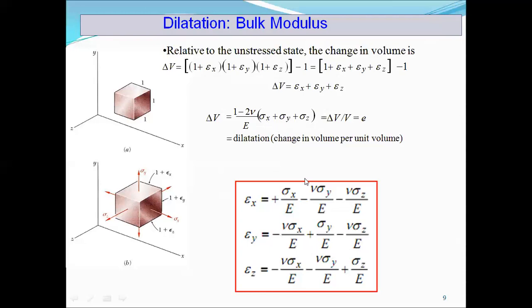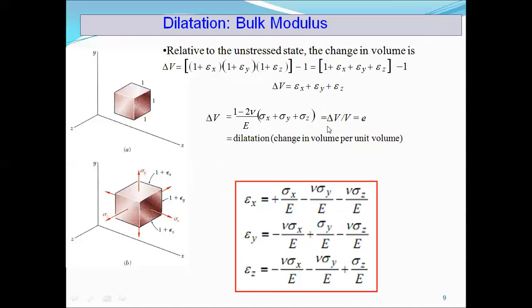Similarly, we could take sigma y by E common, and we would have 1 minus 2 mu by E. After plugging and simplification, delta V is equal to 1 minus 2 mu by E times sigma x plus sigma y plus sigma z. This is the change in volume.